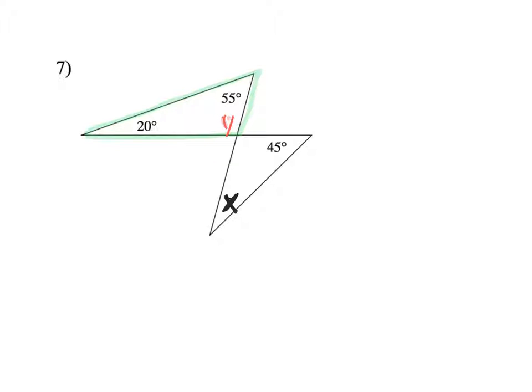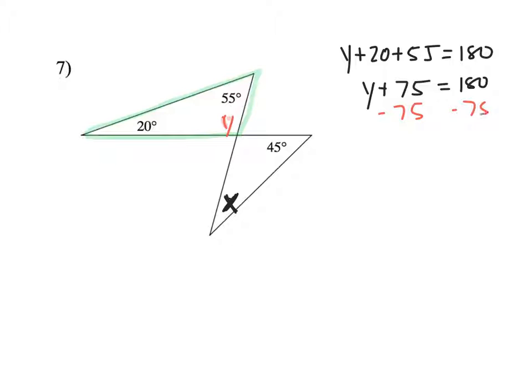So solving for y, I can go ahead and take y plus 20 plus 55 equals 180. Because remember, those three angles add up to 180 degrees. So that means y plus 75 equals 180. Subtract 75 from both sides, and y is going to equal 105.